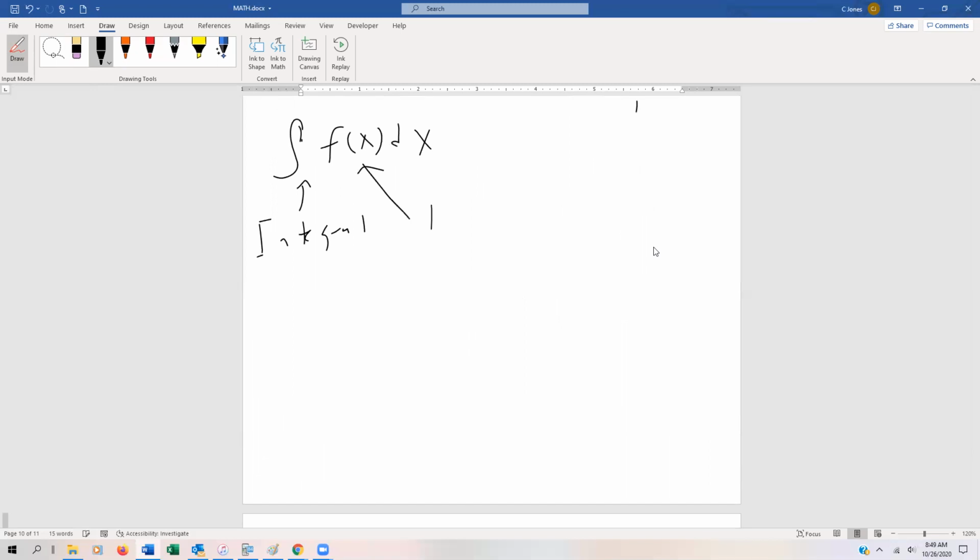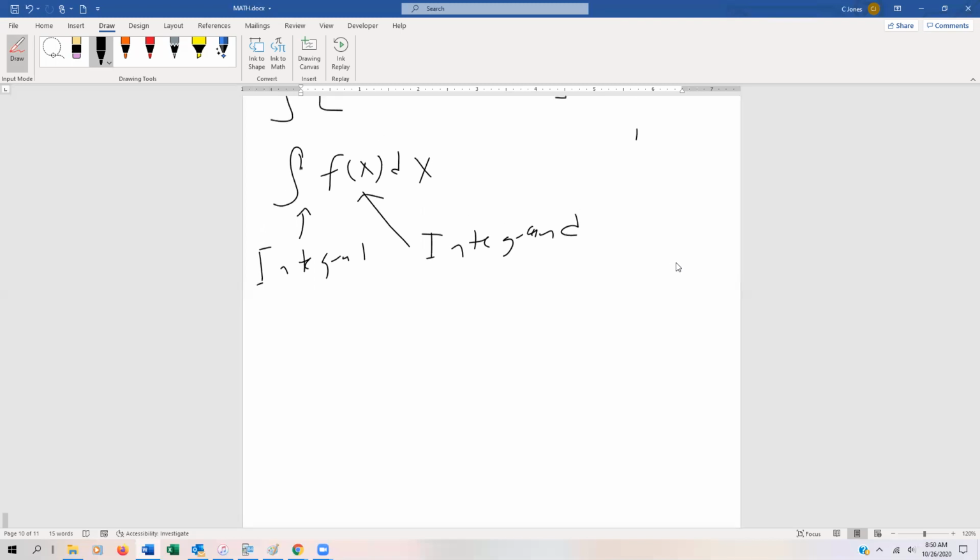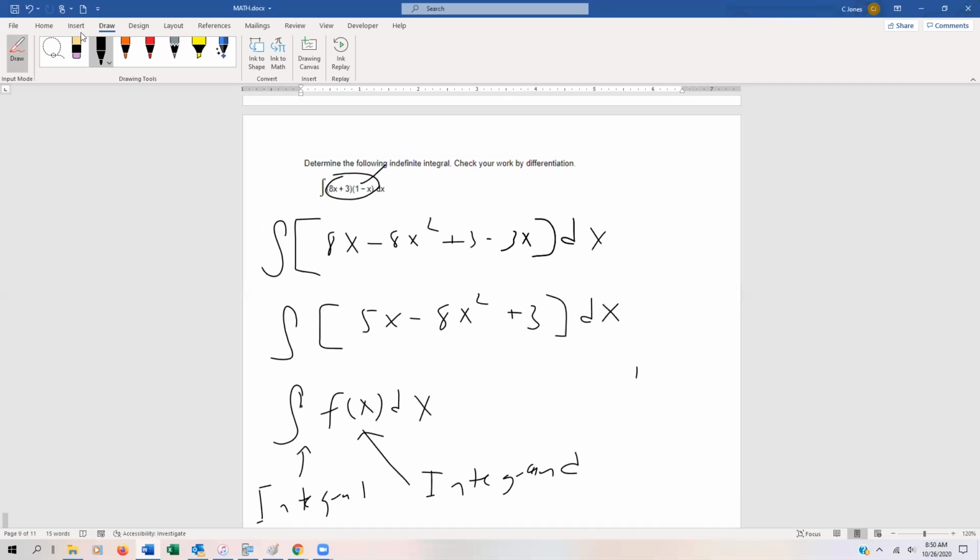Whatever's inside the integral is called the integrand. So for instance, the integrand in the problem that we just looked at is 8x plus 3 times 1 minus x. That's our integrand.